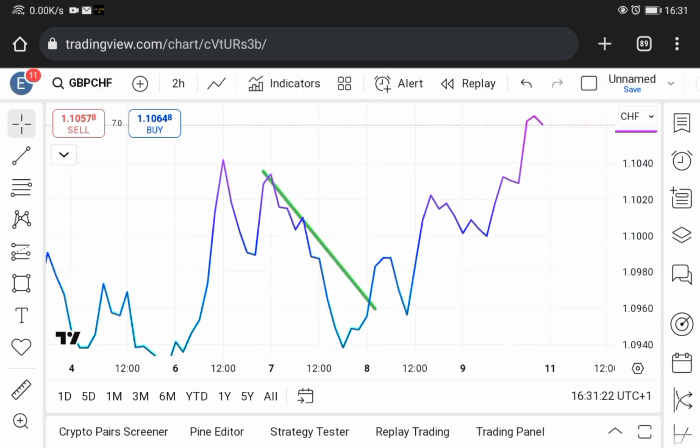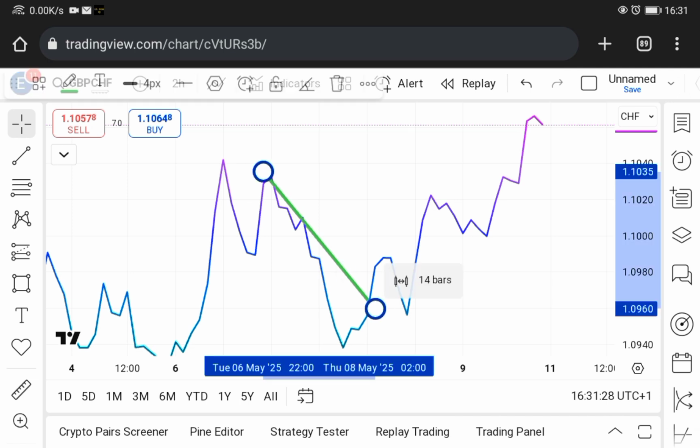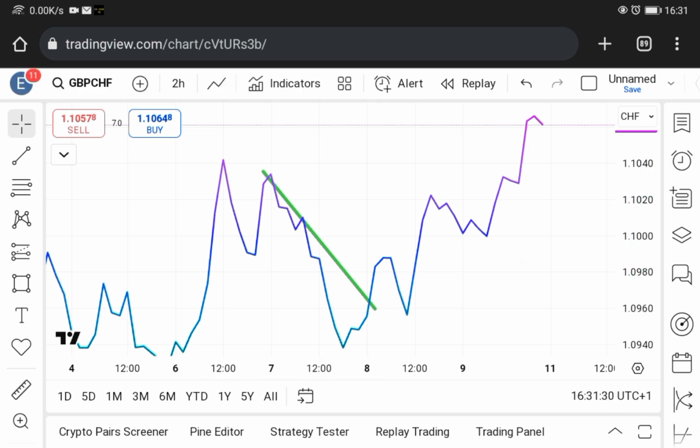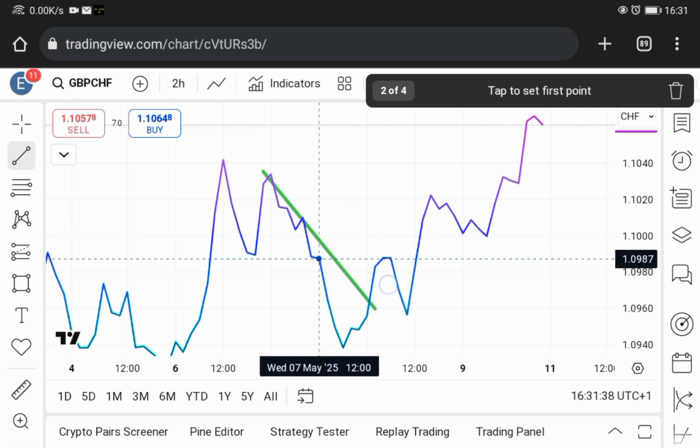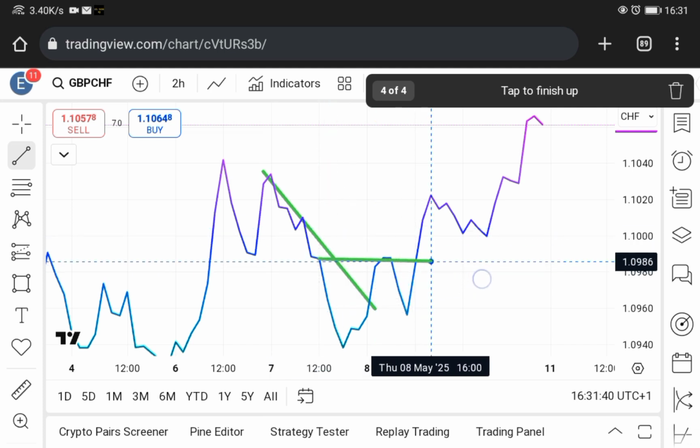So this trend was bearish to the downside, but inside this move to the downside we've seen structure, which is inside liquidity that this market will be able to grab to the upside.